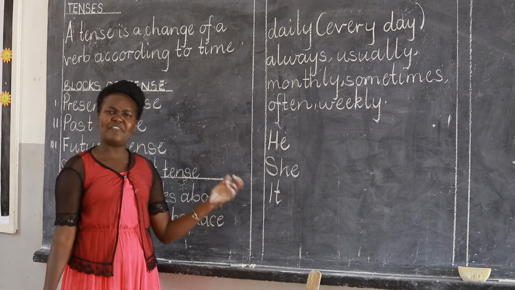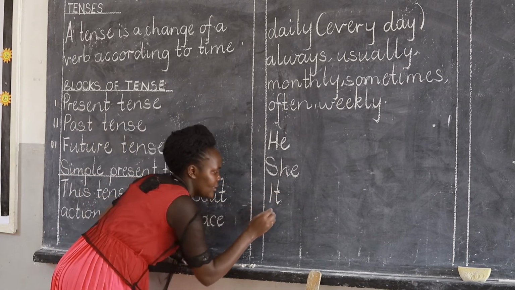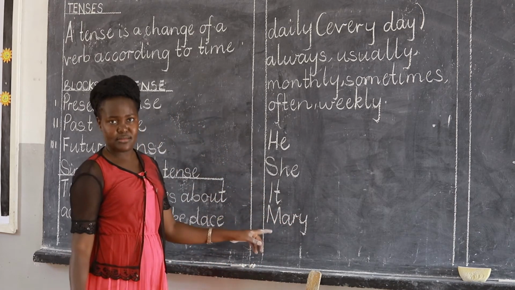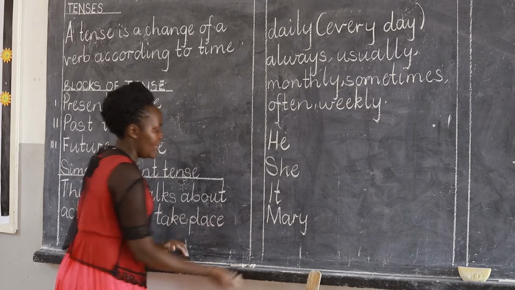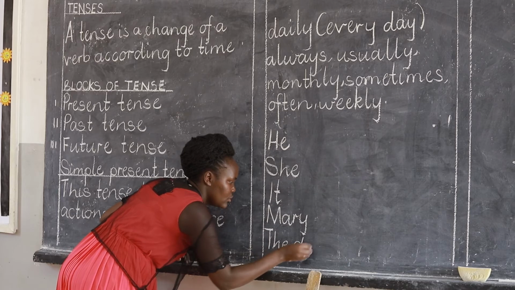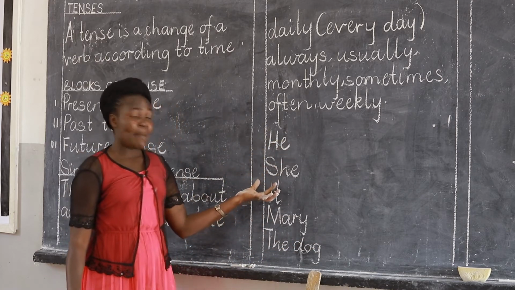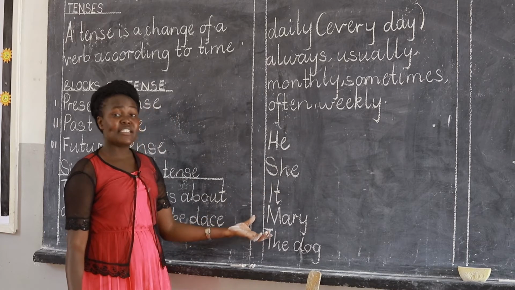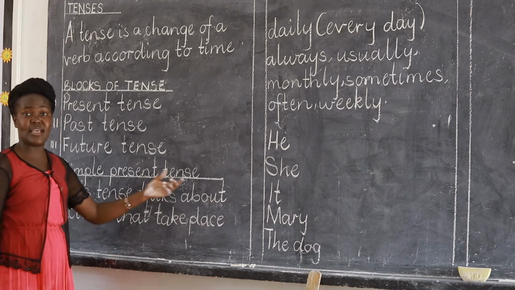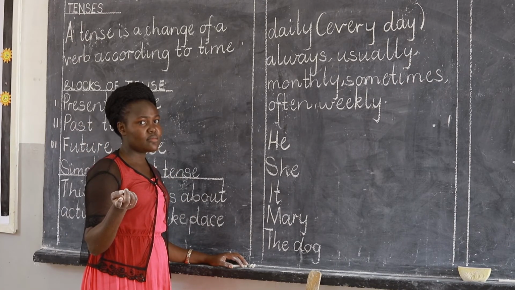But we also have nouns, the naming words, like Mary. This one is a name of a person. It can be an animal, and I say the dog. With these singular pronouns and singular nouns, when it comes to simple present tense, the verb changes.